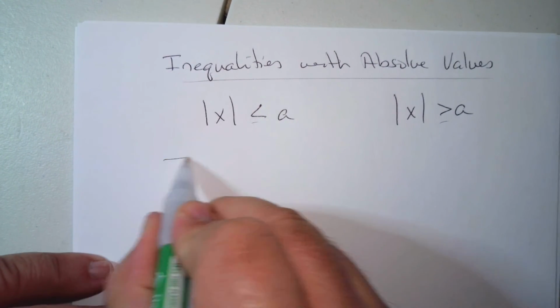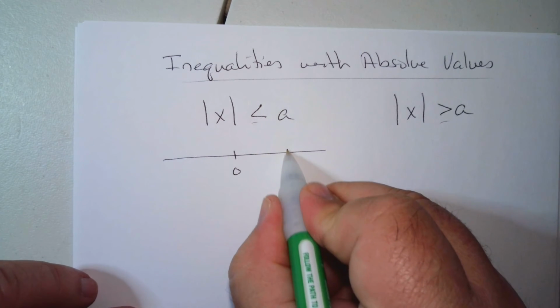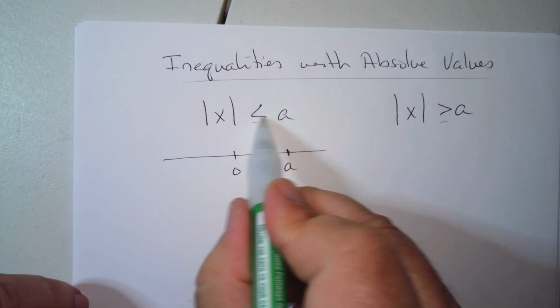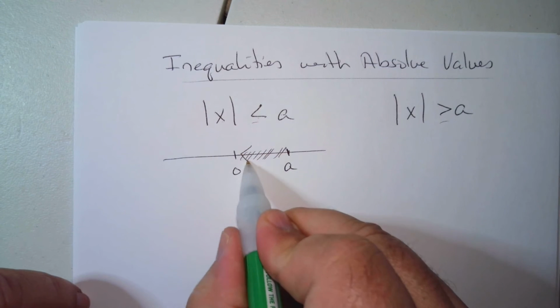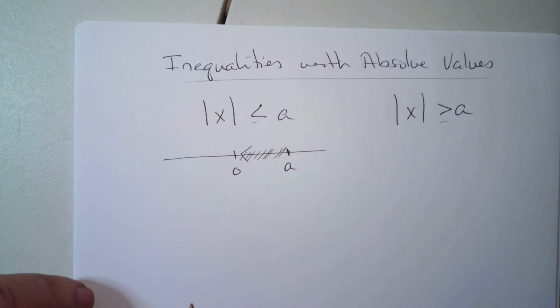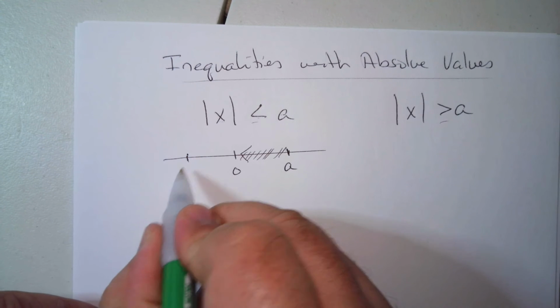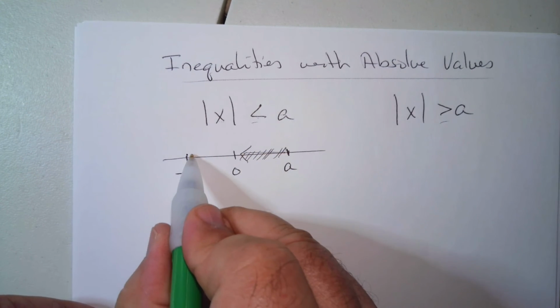Let's look at what this really means. Here's 0. Here's some number a. Whatever x is, it's less than a. In other words, it's going from there towards 0. But remember, whenever I drop the absolute value to plus or minus, what about the negative a? Again, because it's going towards 0.